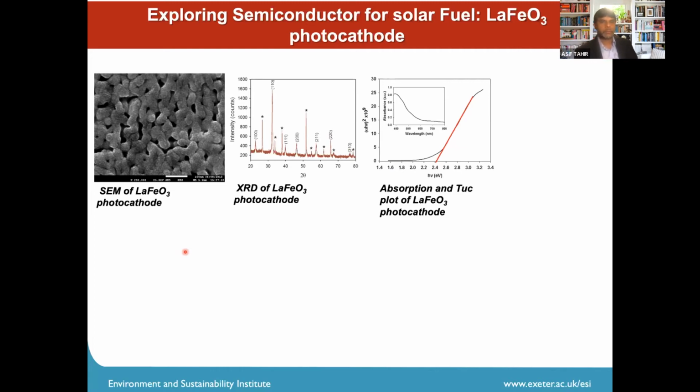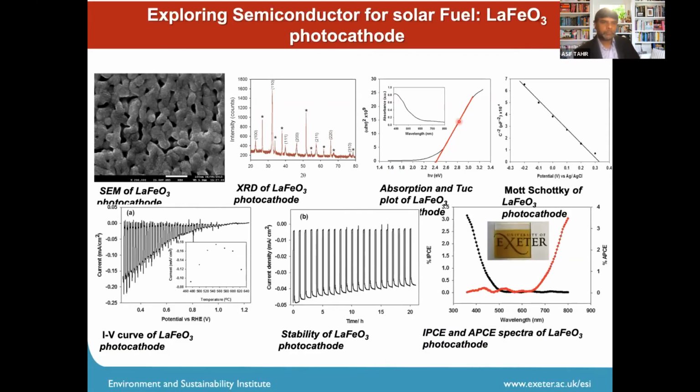The material is deposited using a spray pyrolysis technique, and SEM shows that the film is porous with a well-connected zigzag structure. XRD proves that the material is a single phase with cubic or perovskite structure, while the optical study shows that the material has a band gap of 2.4 electron volt.